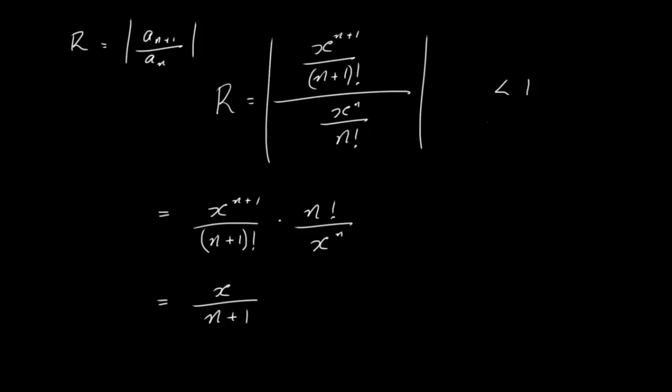As n goes to infinity here, we can see that the denominator will go to infinity, which means this whole fraction here will just give us 0. So in other words, we're finding the limit of x over n plus 1 as n goes to infinity. We can see that 0 is less than 1, so the series does converge for all values of x. Okay, so that's really it for the Taylor and Maclaurin series.